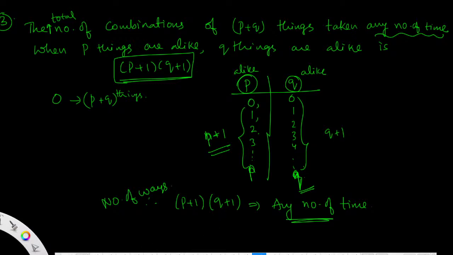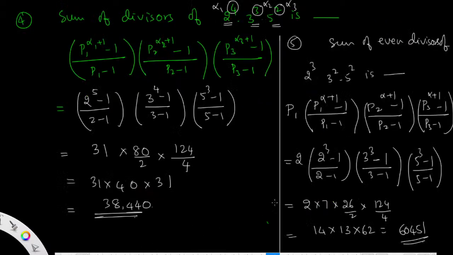The same thing in another form: the total number of combinations of P plus Q things taken one or more at a time, when P of the things are alike and Q of the things are alike of the second kind.